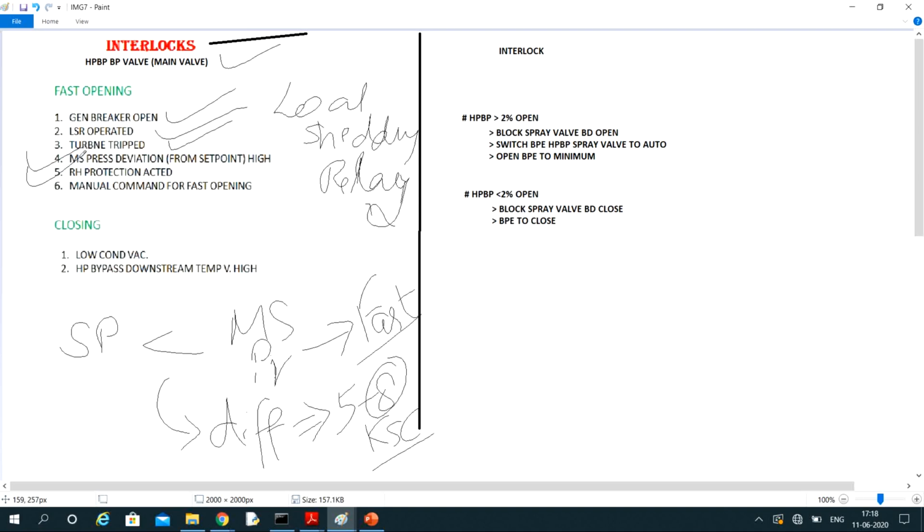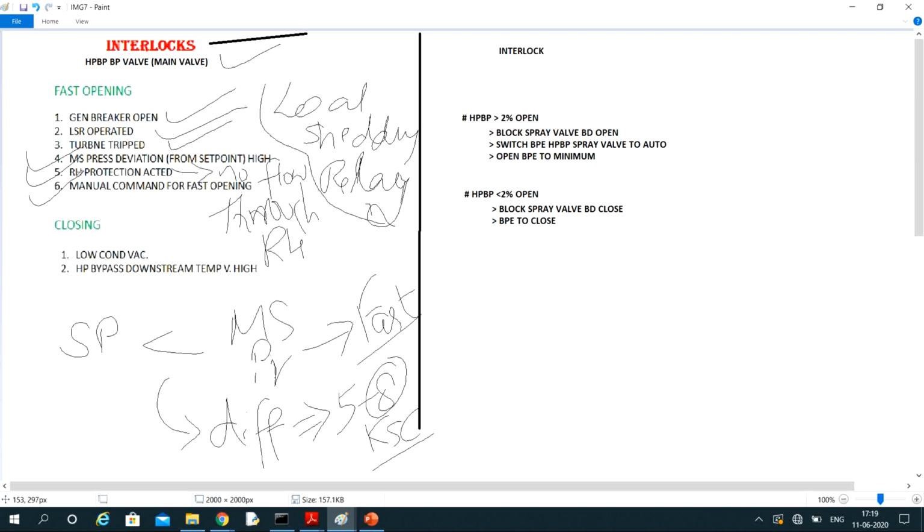So if the reheater protection gets acted, which means that there is no flow to the reheater, then the HP bypass will fast open to maintain the flow through the reheater and to save the reheater coils from damage or starvation. There is also an emergency push button on the HP bypass page, through which you can fast open BP1, BP2.